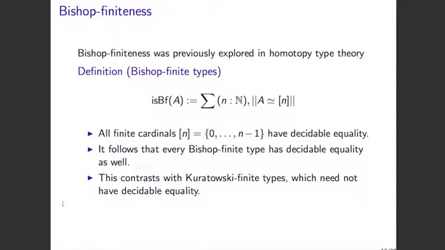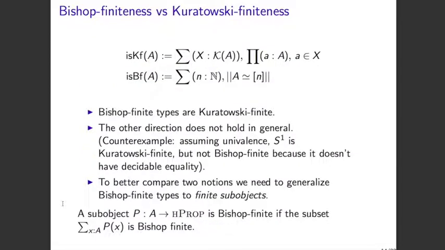Note that all such finite cardinals have decidable equality. We can then show that every Bishop finite type has decidable equality as well. This lies in contrast with Kuratowski finite types, which need not have decidable equality in general. And this begs the question, how can we compare those two notions?